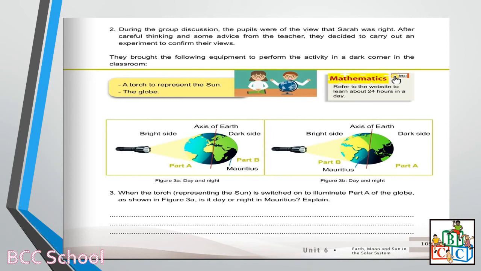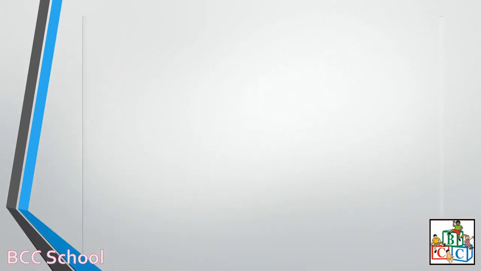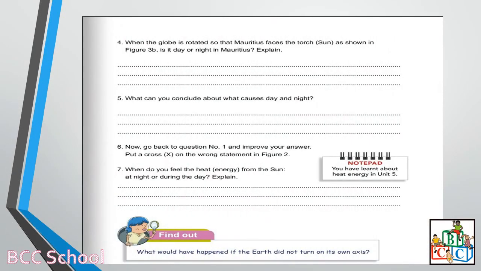The question continues on page 106. Page 106. I am going to read the questions, but I will not give you the answers. You have to write the answers by yourself.